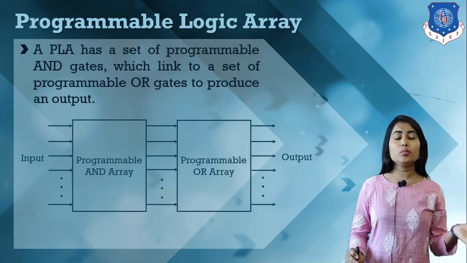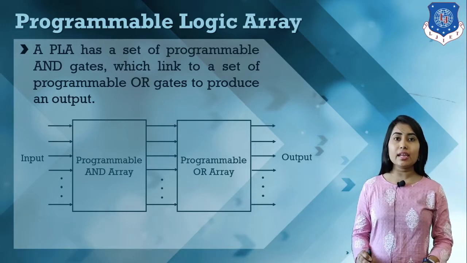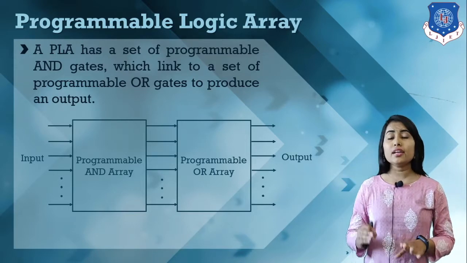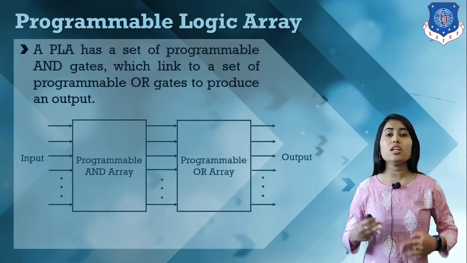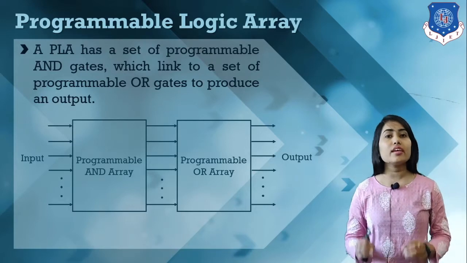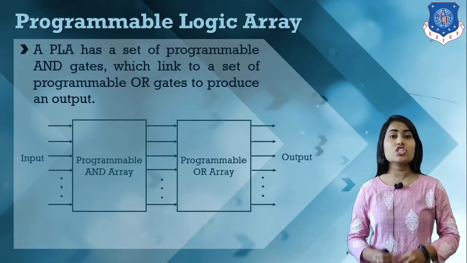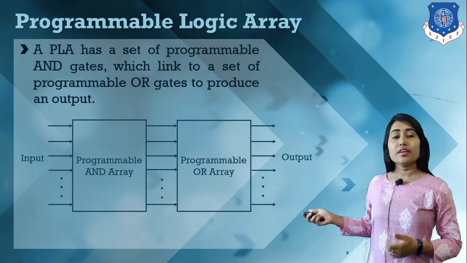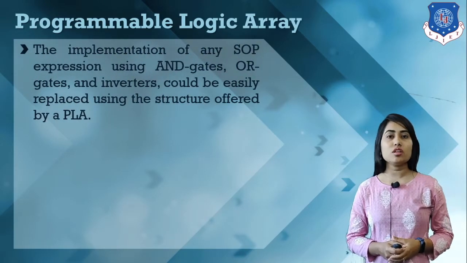We apply input to the programmable AND gates, then the output of the programmable AND gates is connected to the programmable OR gates, and the output of this programmable OR gate is our logical function. So in this programmable logic array we can implement various kinds of logical functions.